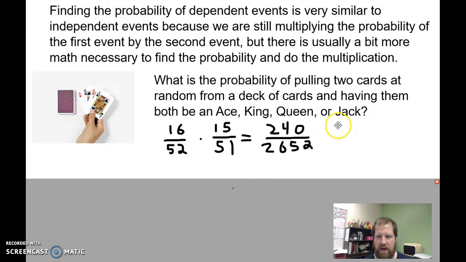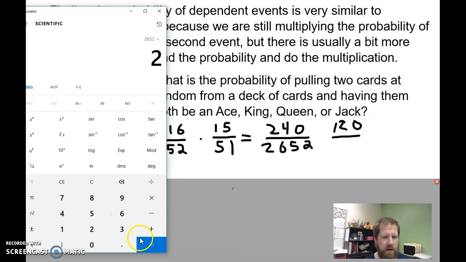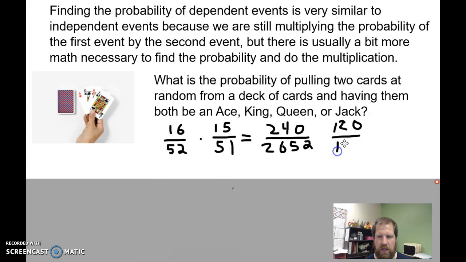Cut them both in half: we'd have 120 and 2652 divided by 2 is 1326. We can cut them in half again: 60 and 663.